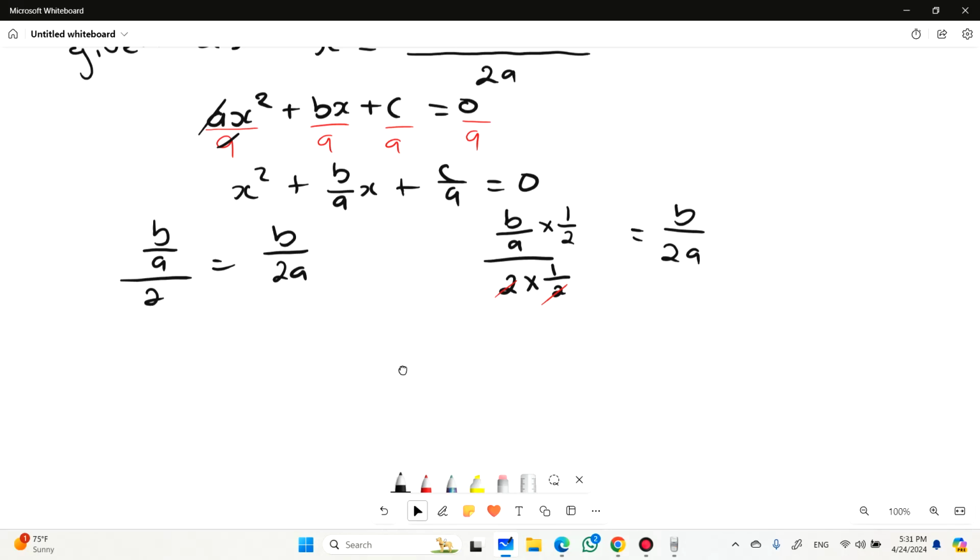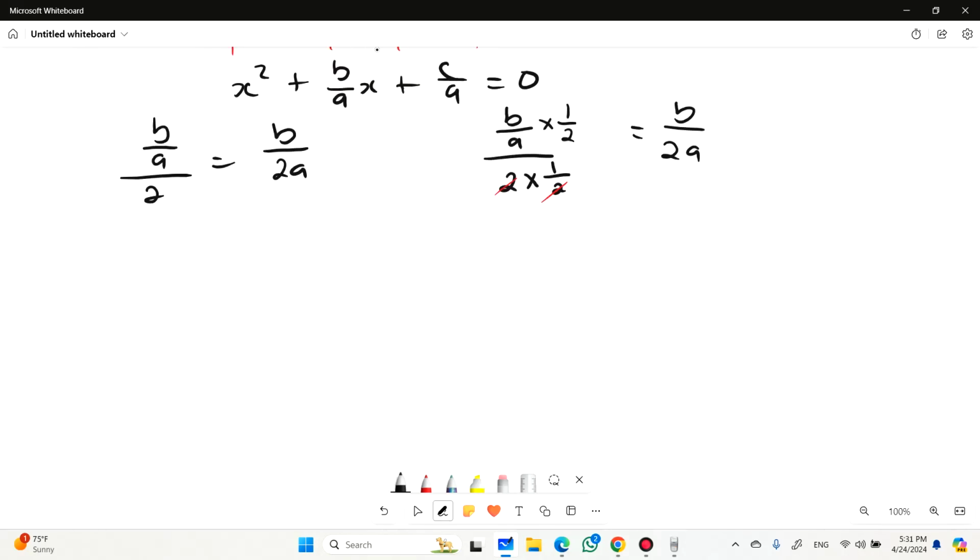Now that we have found that, we're going to square this number, then add and subtract it in this expression.